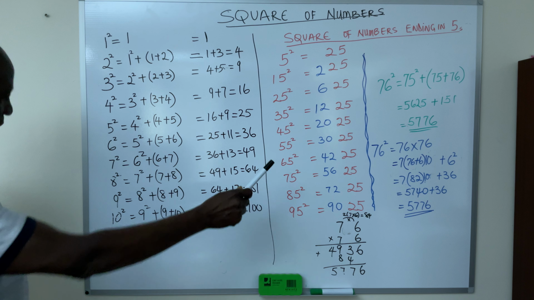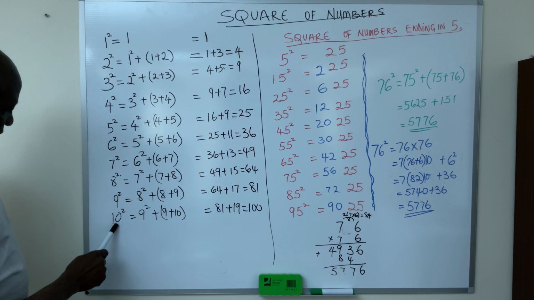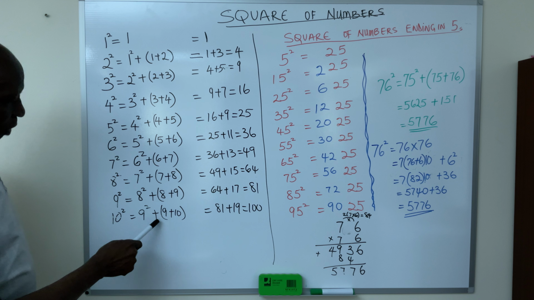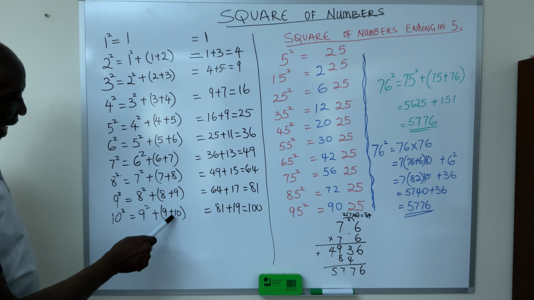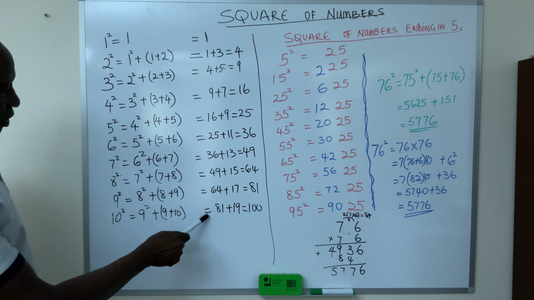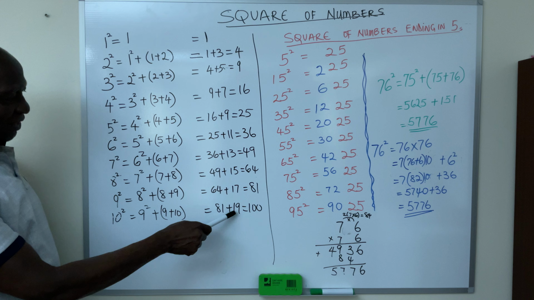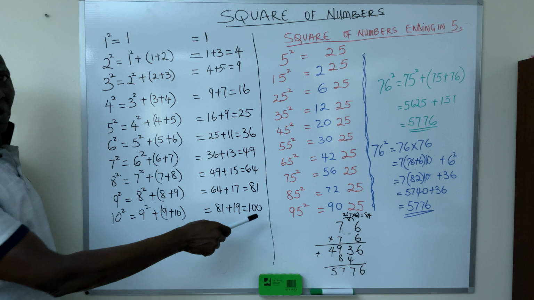That gives 81. The square of 10 is equal to the square of 9 plus the sum of 9 and 10, which is equal to 81 plus 19, and that is 100.